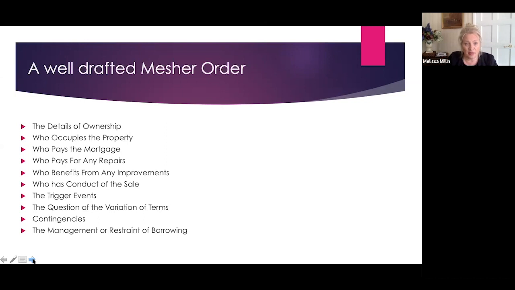Looking forward through the list of events that can take place, what is clear is that a poorly drafted Mesher order won't answer these questions. And in particular, you should look at the question of the variation of any terms, contingencies necessary, or the management and the restraint of borrowing that could, under some conditions, affect the interests of the other party. If we can move forward, please.